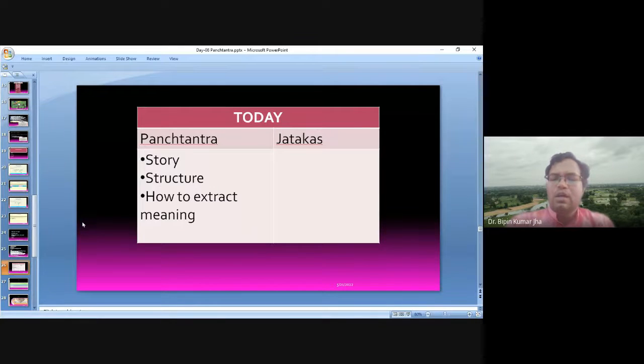In the same way, if you see Panchatantra, you can find that all these are moral stories, specifically for kids, but written on the ground of different stories concerned with animals or birds.